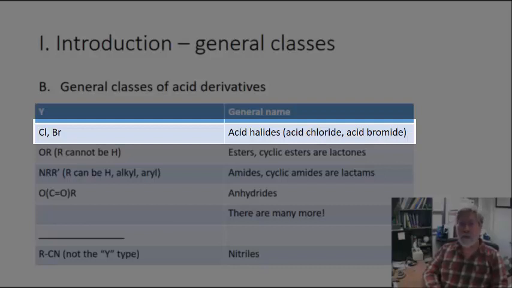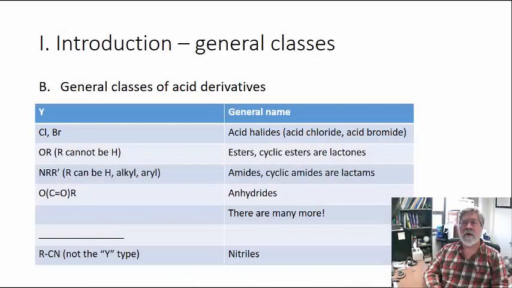But since chlorine is the most common, followed closely by bromine, it's usually more convenient to just talk about acid chlorides. If bromine happens to be involved, it would be an acid bromide. Note that the anion name is used for the halogen, so it's chloride and bromide, and halide as the general name.